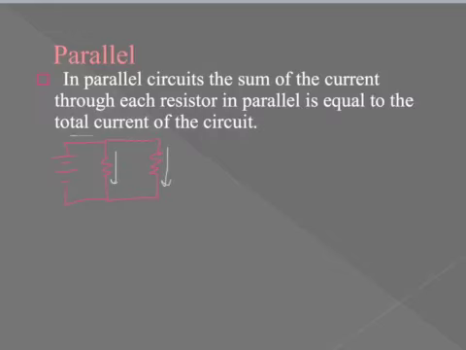And we'll have the total current that enters both of these. So this is I total, and we call these I1 and I2. The total current will equal the sum of each current through each resistor, and if there were others, we could add them, dot, dot, dot.